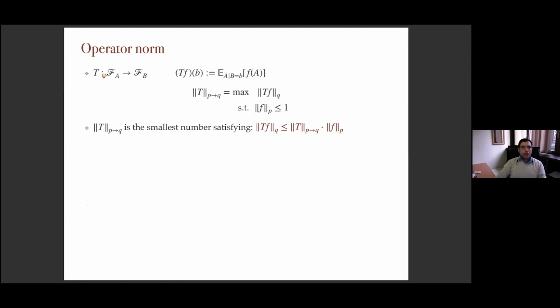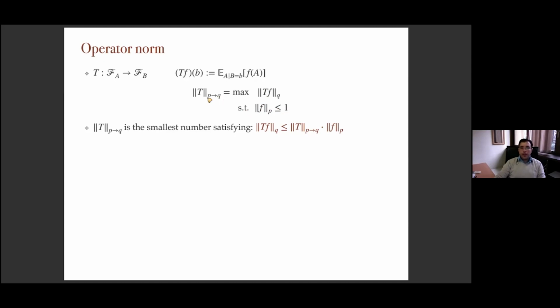Now, remember this definition of the conditional operator T, which, as before, we can think of as a projection from the space of functions of A to the space of functions of B. The P to Q norm of this operator is defined in this way. This is the maximum Q norm of T of F over all functions F whose P norm is at most 1.